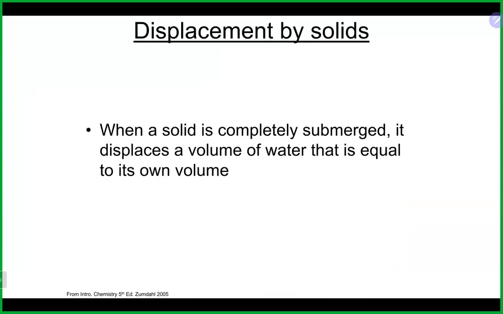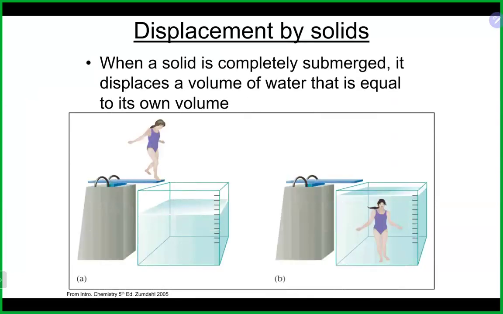Now let's talk about something that is important in terms of how we get volume. Up until this point, we talked about really 2 ways to get volume. You can obviously get the volume of an object by just simply taking a reading. You could get the volume of a solid by going length times width times height. Each of those is measured with a ruler in centimeters, giving you cubic centimeters, which is a volume.